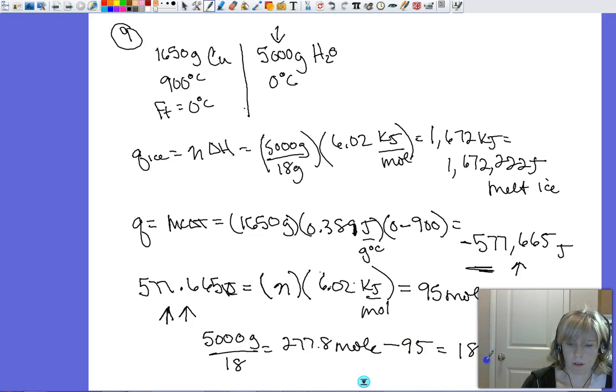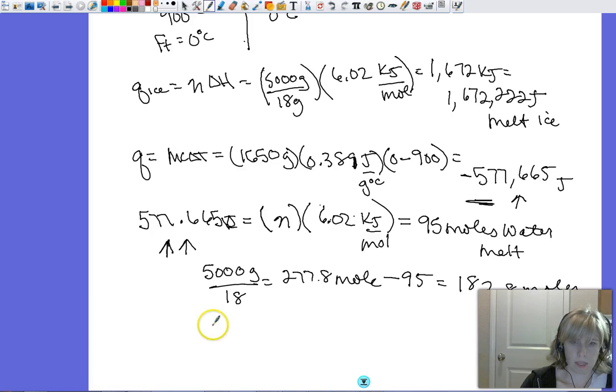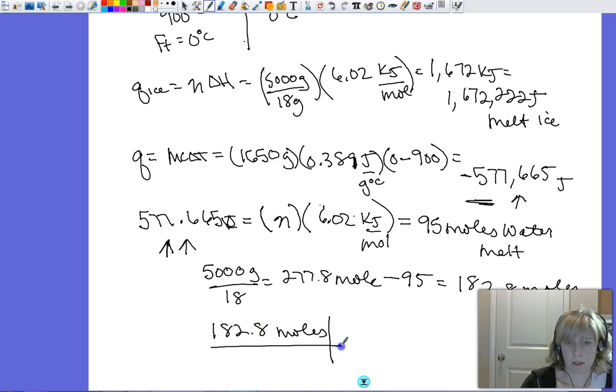That gives us 182.8 moles that weren't melted. And we can take that and convert it to grams, and we get 3,290 grams of ice left.